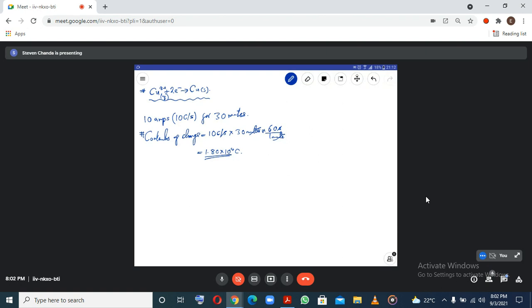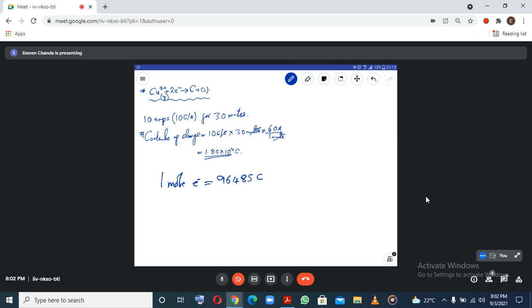What does Faraday's constant tell us? It tells us that one mole of electrons is 96,485 coulombs.